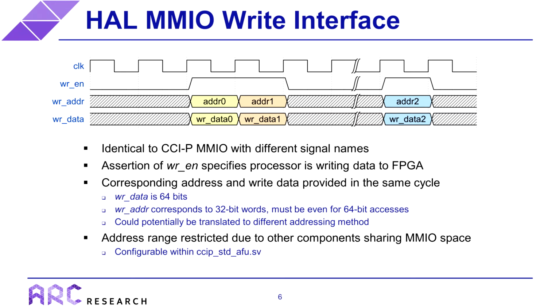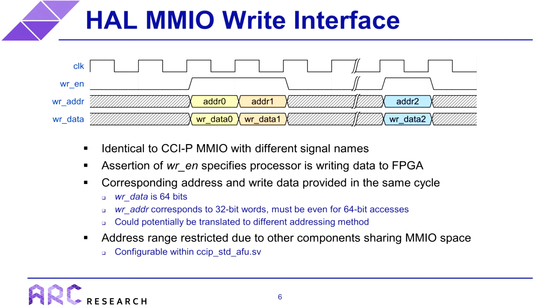So this slide shows a timing diagram for the memory mapped I/O write interface in this hardware abstraction layer. Turns out it's actually identical to the way that CCIP memory mapped I/O worked for writes. It just has different signal names.